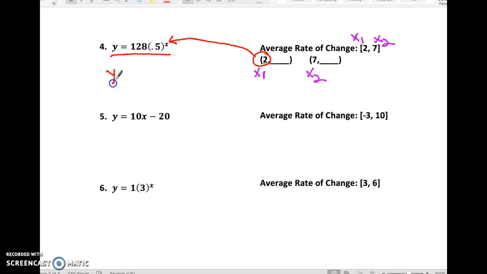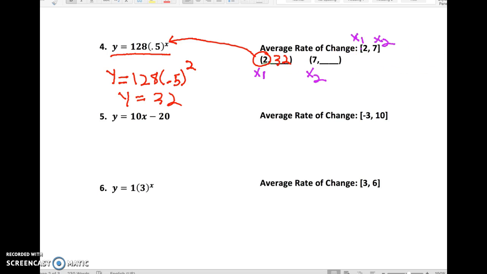So y is equal to 128.5 raised to the second power. So y should be equal to 32. So I put 2 in, I have 32 coming out. So 2 and 32 is my first ordered pair.